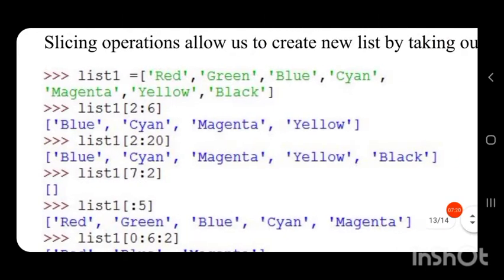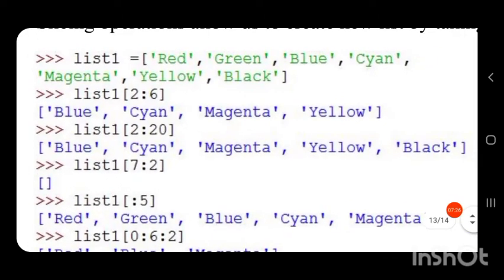So it will slice the list from start position 2, from 2 to 6 minus 1, since the stop is 6. Red is 0, green 1, blue 2, cyan 3, magenta 4, yellow 5, black 6.